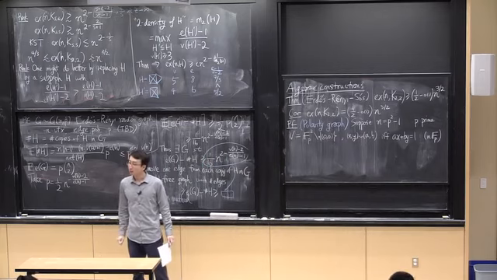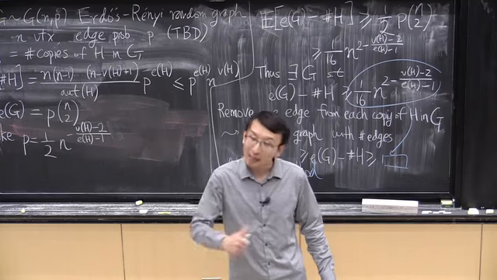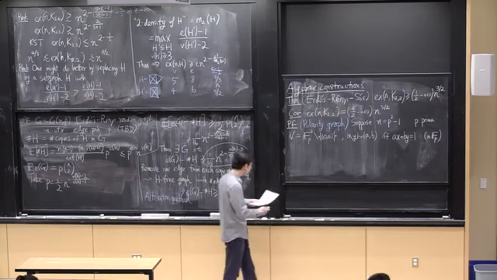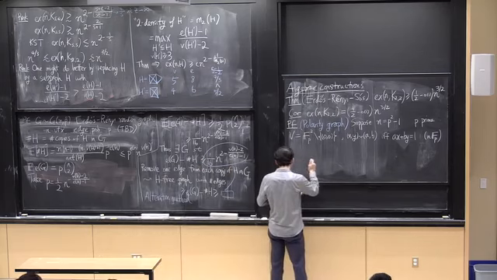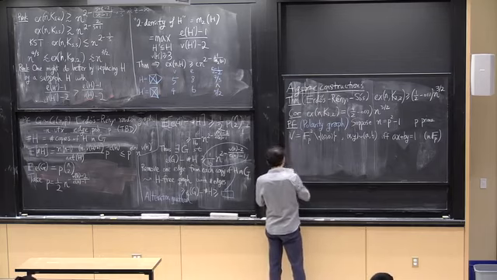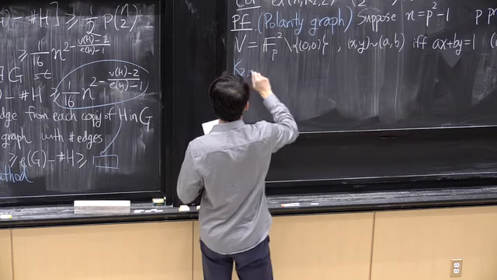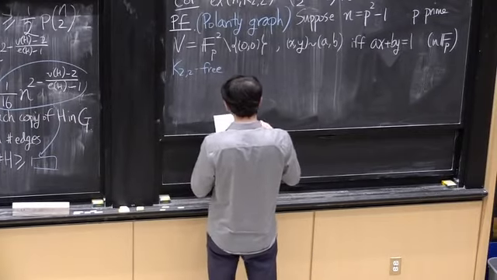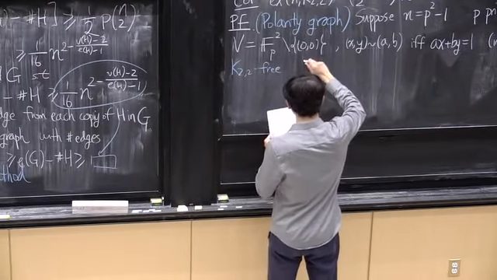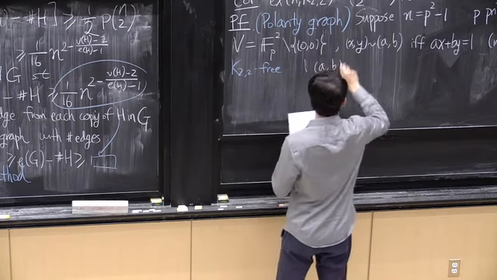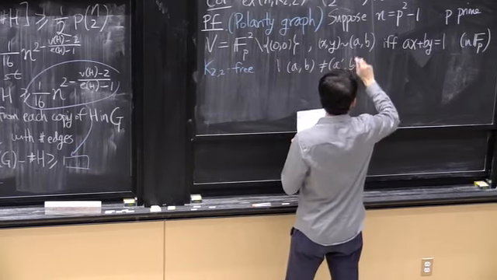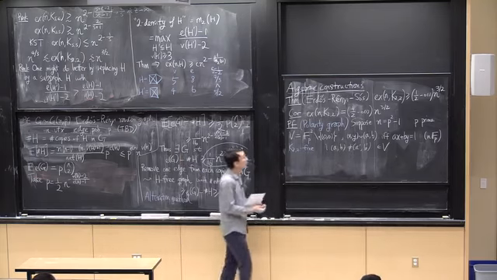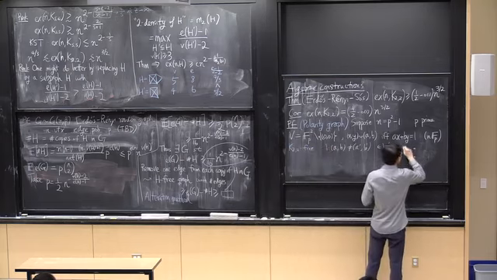So I need to show you two things. One, that it has lots of edges, the claimed number of edges. And two, it has no 4-cycles. So let's start with not having 4-cycles. So why is it K_{2,2}-free? So let's consider 2 points, and I want to understand the number of common neighbors of these 2 points.